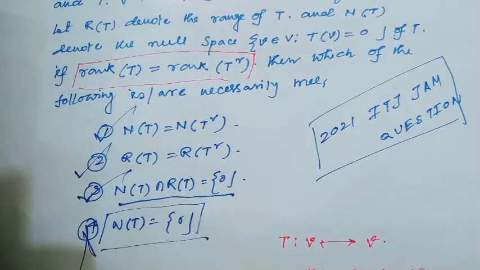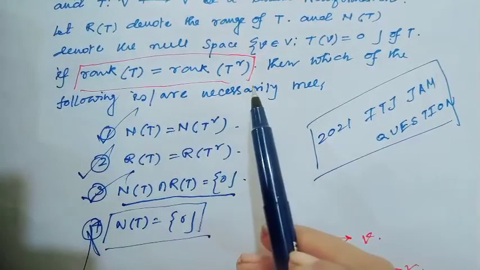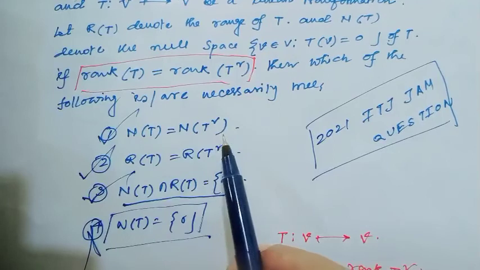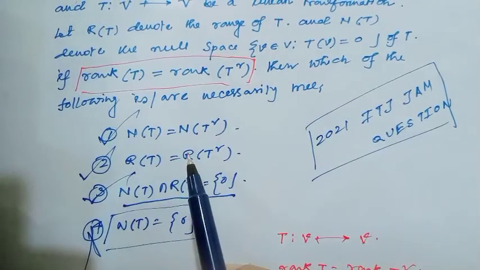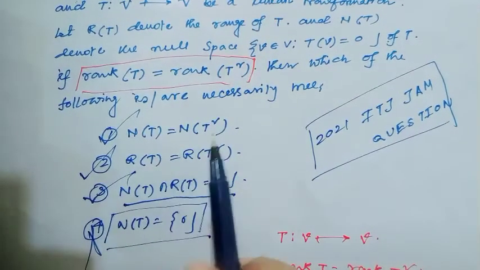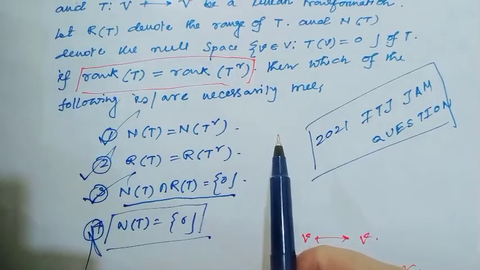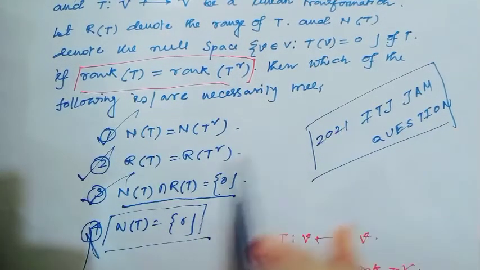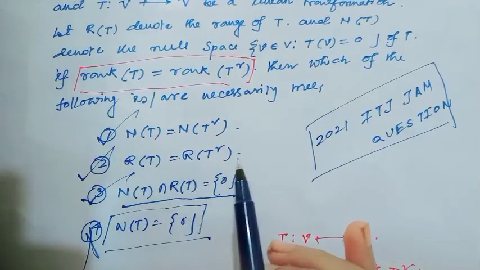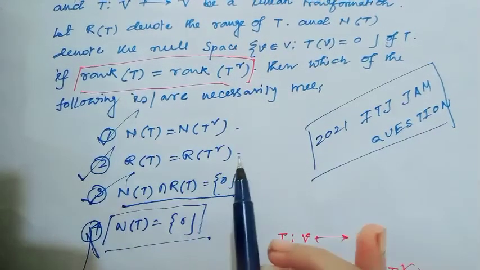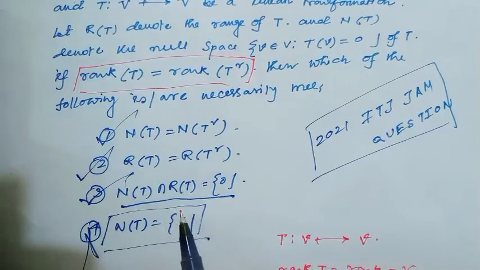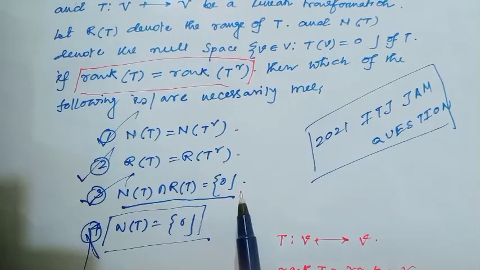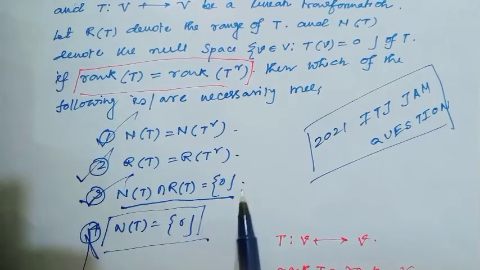That means if rank T equals rank T square, then their null spaces would always be the same, meaning the null space of T equals the null space of T square. Also their range spaces are equal, and the intersection of these two spaces only contains the singleton set 0.